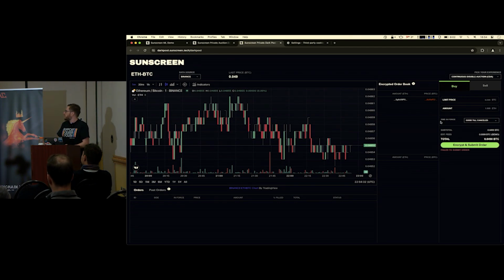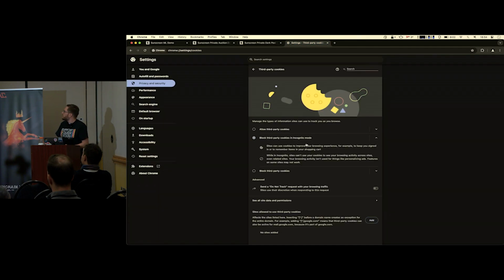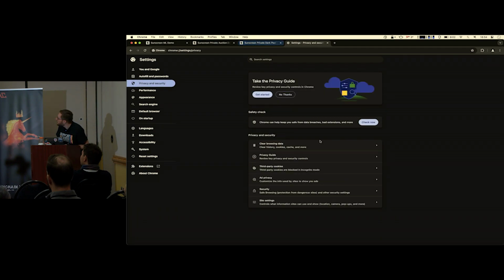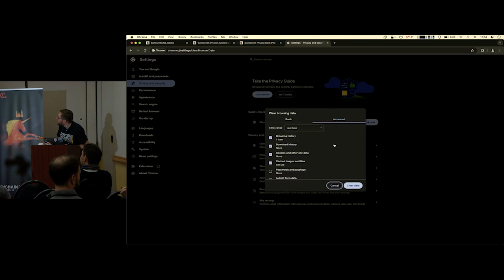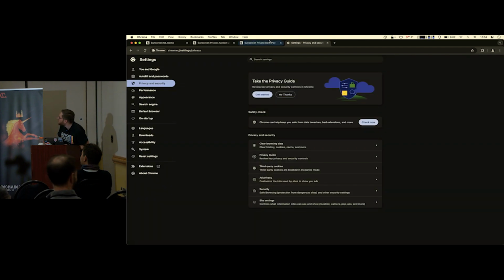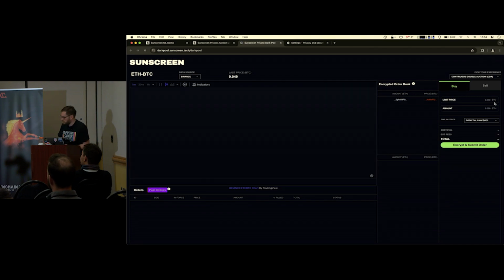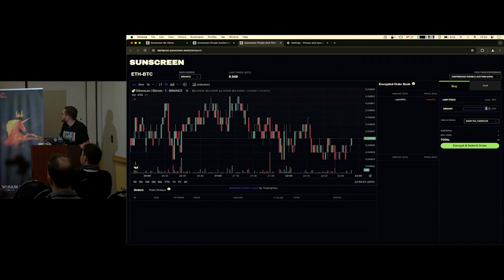So I can submit that encrypted order. Yeah, so here you can see it's unfortunately really tiny on the screen, but it says it's submitted successfully.